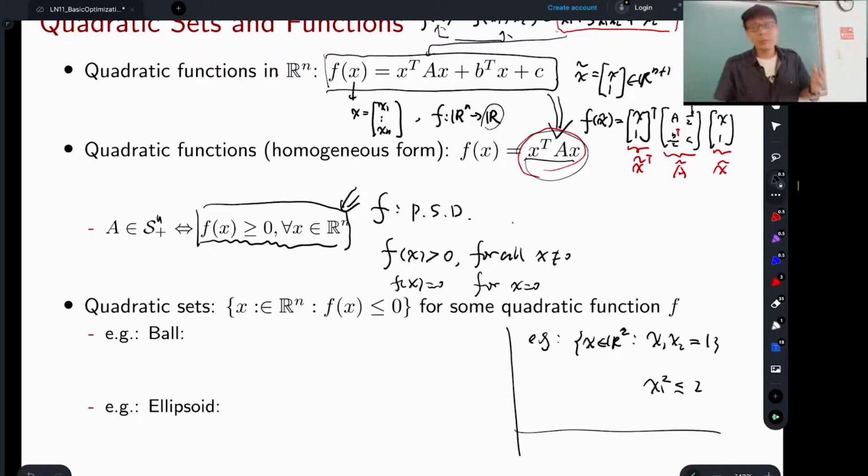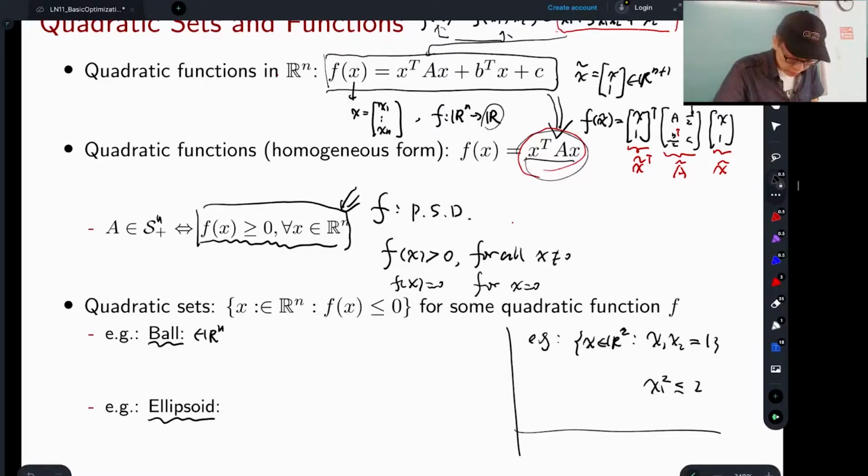There's a special quadratic function that is super important for us, and we're more familiar with it. It's a ball and the ellipsoid. How to write down the expression for a ball? A ball, not a sphere, a ball in Rn.